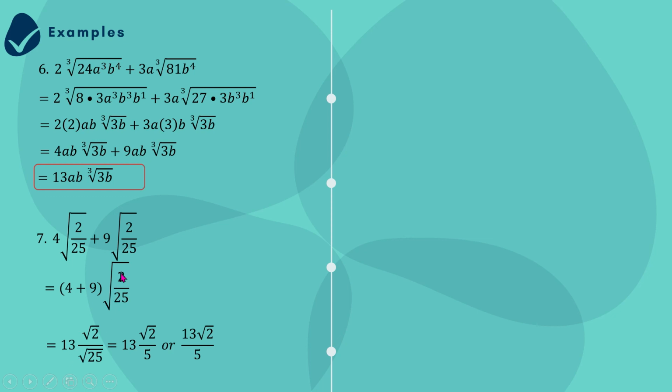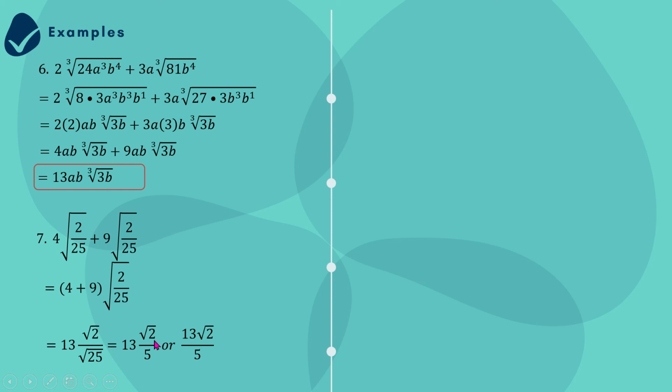Then, the square root of 2 over square root of 25, if you will recall, in module number 5, simplifying radicals, or in module number 4, the laws of radicals, one of the laws of radicals: the square root of a quotient is the square root of the numerator over the square root of the denominator. Separate. So, square root of 2 over square root of 25. That is equal to copy 13, then copy square root of 2.